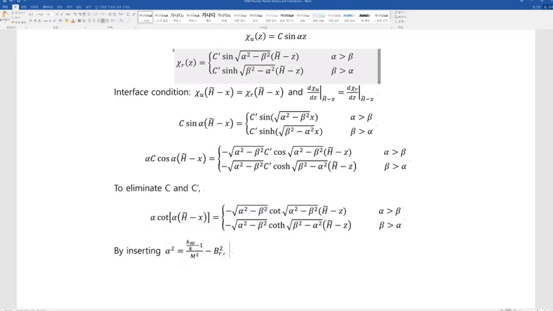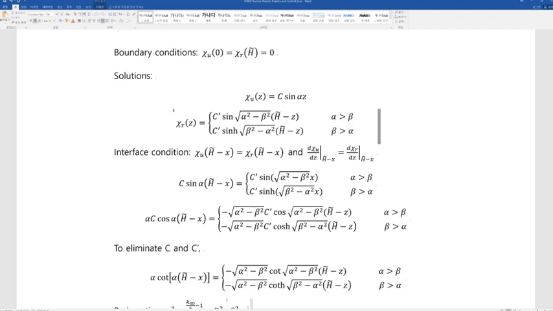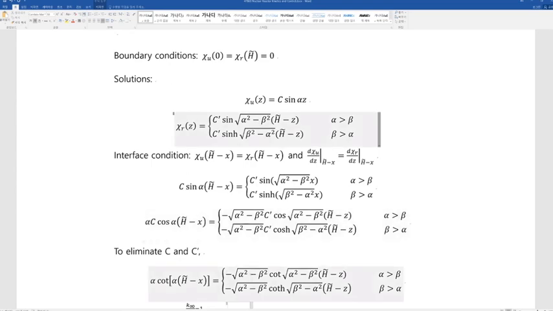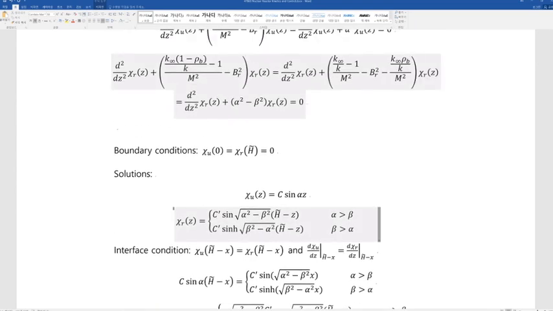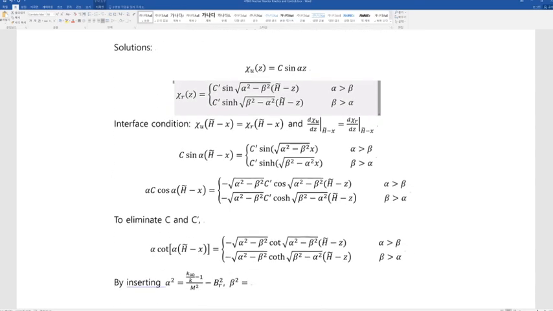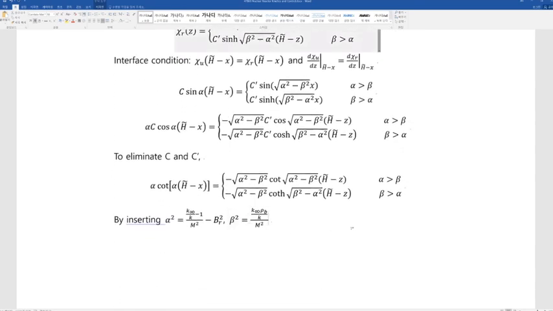And beta squared was defined as this. So previously we defined alpha squared and beta squared in this way.